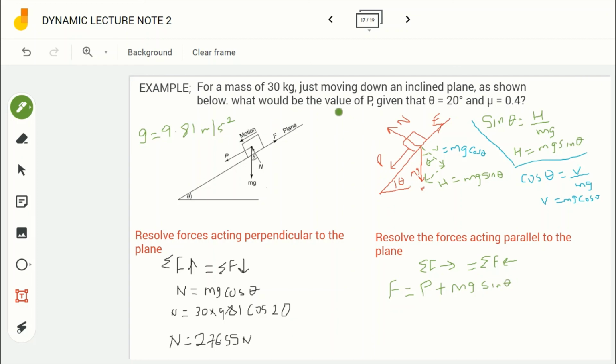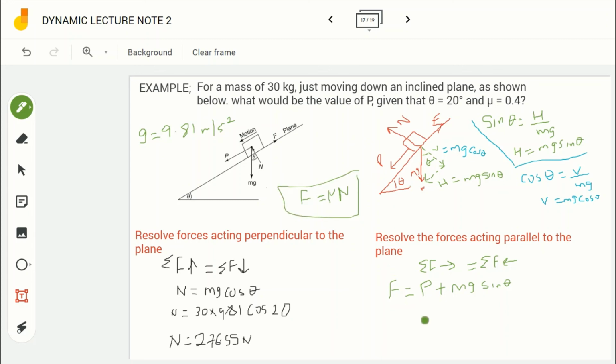Now, from the question, we are asked to find the value for P. So P is not known. I can find the value for F by using the formula F is equal to the constant rho times my N. I hope we all remember this formula.